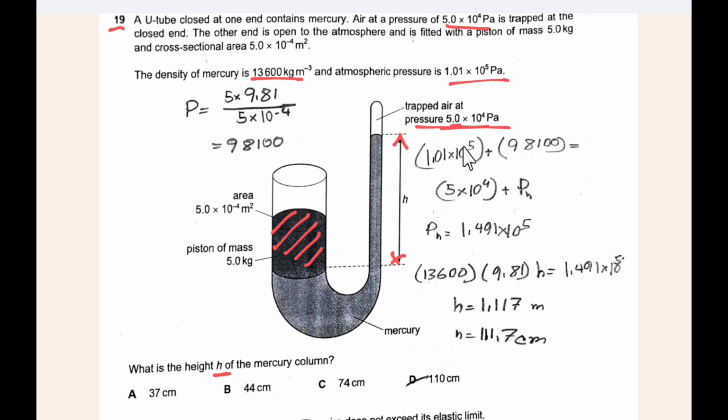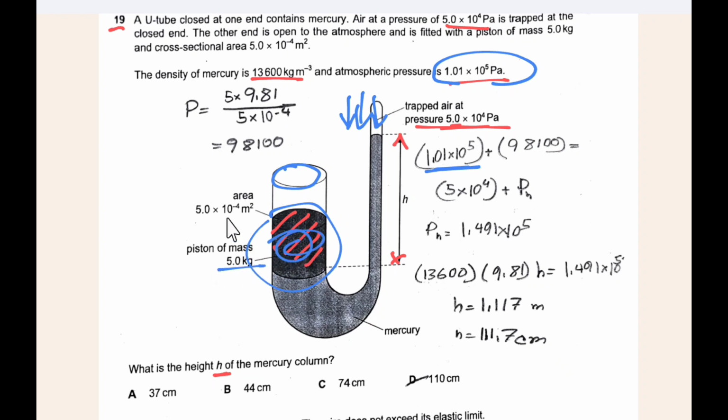So for this system, the pressure at this side must be equal to the pressure at this side, since the system is at rest or at equilibrium. So what is the pressure at this side? Since it is an open end, there must be atmospheric pressure, and the atmospheric pressure is 1.01 into 10^5, plus the pressure due to this piston.